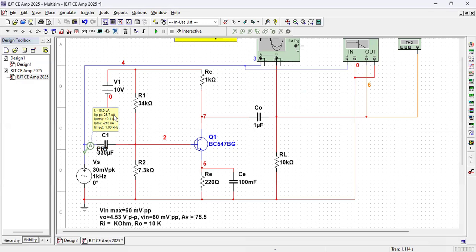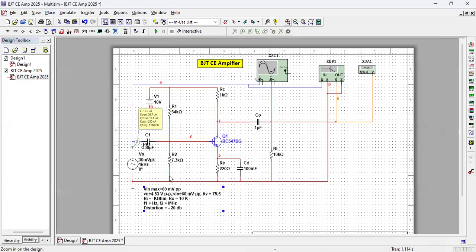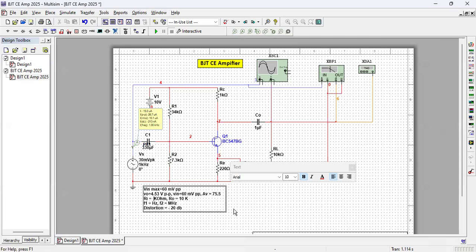So input impedance is about 2068 ohm. I have calculated. So it is approximately 2 kilo ohm. So input impedance is approximately 2 kilo.